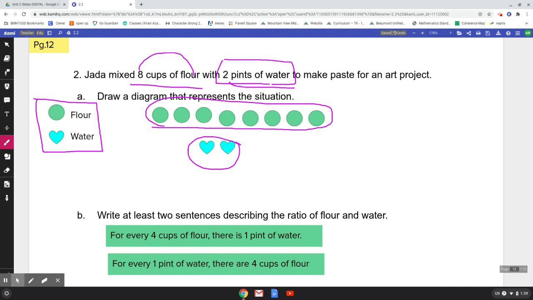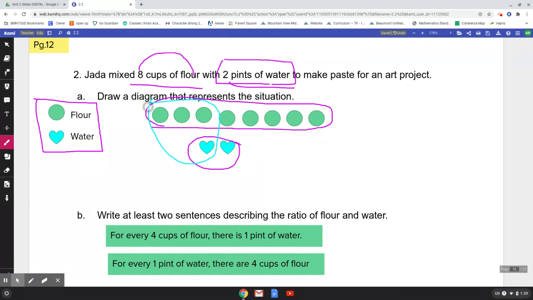All right, now I'm on letter B. Write at least 2 sentences describing the ratio of flour and water. So here I said, for every 4 cups of flour, there is 1 pint of water. And how I did that was I split it up into groups. I'm sorry, that should have 1 more.